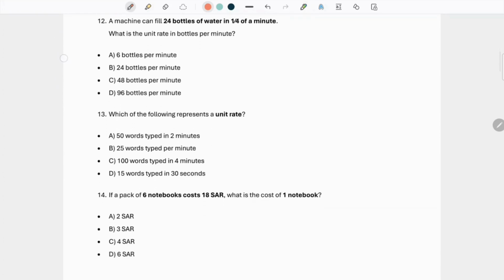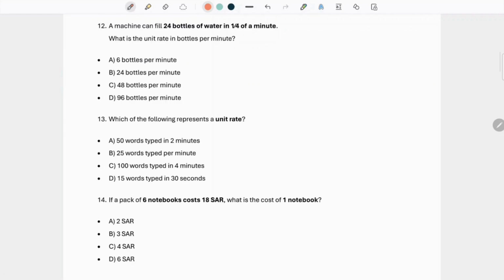Now let's move on to question 12. A machine can fill 24 bottles of water in 1/4 of a minute. What is the unit rate in bottles per minute? So let's put 1/4 at the bottom of the fraction bar, and we're going to put 24 on top. Now, this could be written as 24 divided by 1/4. In order to calculate this more easily, we're going to change this into a fraction by having it over 1.